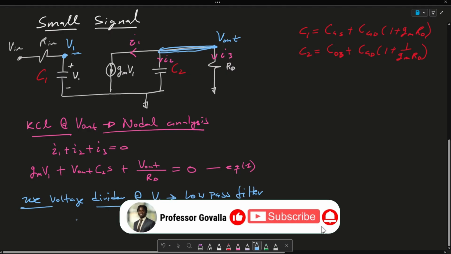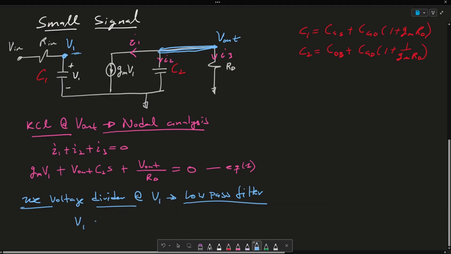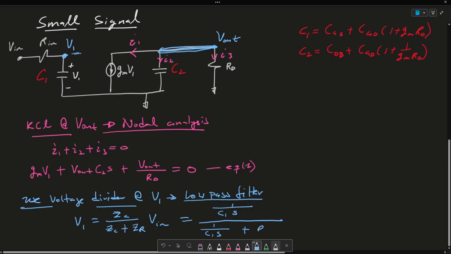But essentially, we can solve for V1 by saying V1 is equal to the impedance across the capacitor divided by the impedance of the capacitor plus the impedance of the resistor times my voltage input. So again, the capacitor impedance is going to be 1 over C1 times S. So V1 equals (1 over C1S) over (1 over C1S plus RG) times Vin.